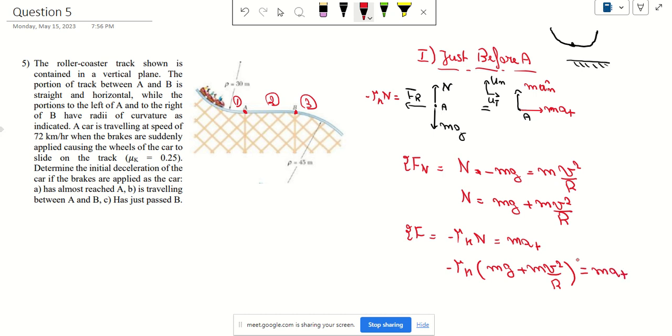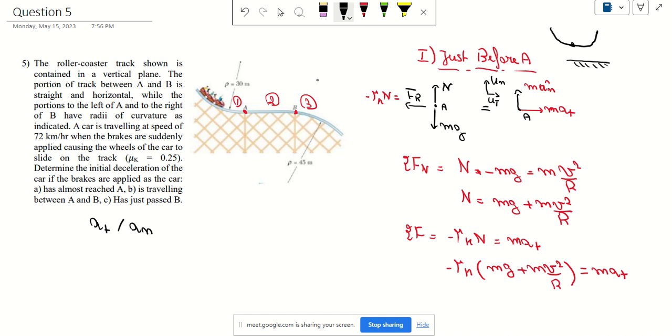What we need is to determine the initial deceleration when the brakes are applied. So what is the deceleration? We have two components, at and an. What is he seeking, at or an or a? The answer is he's seeking at, because at is the one responsible for the decreasing of the speed.